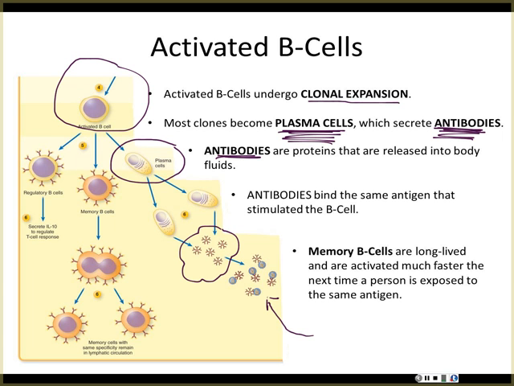Your textbook has the whole diagram together in one piece, but these little things that look like snowflakes represent antibodies. Those antibodies get into your circulation, they're in your body fluids, and they're going to go off and attach to other copies of that same virus or bacterium or yeast or protozoan or whatever it may be, or pollen, whatever it may be that your body needs to clear out.